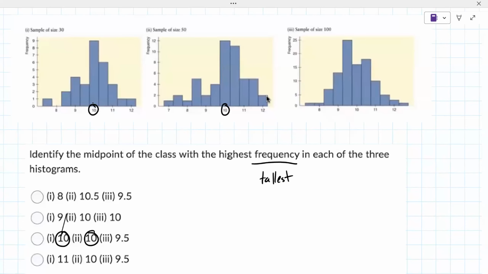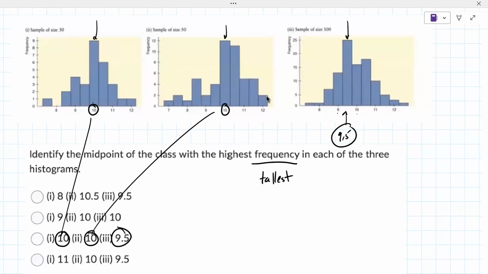And then for the last one, sample size of 100, you can see it's from 9 to 10, so the one in the middle must be 9.5. That's the one with the highest peak there. You can see that it is answer C. The third one. You can see though that they are just asking you in plain English, which has the highest rectangle.